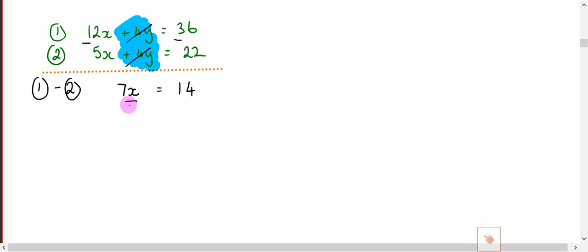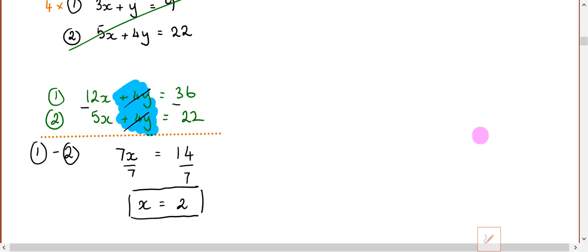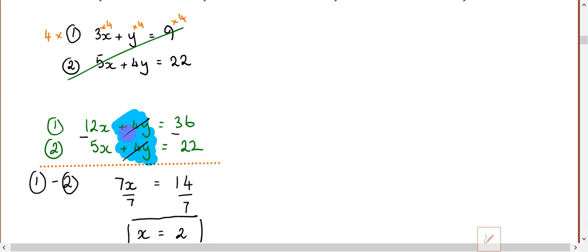Divide by 7, and we get x equals 2. Okay? Are we finished? No. What do we do? Solve y. Right, here we've got a new number 1, we've still got our number 2, but we've still got our old number 1. You can still use the old number 1, if you like, because it's still applicable, it's still the same x and y, we just didn't want to use it for our solving.